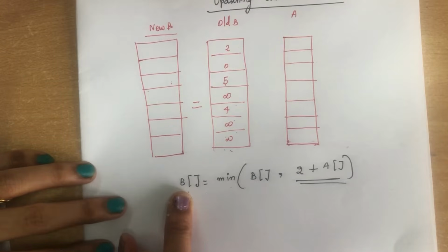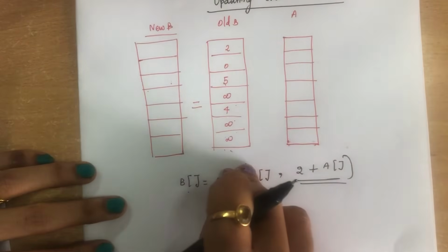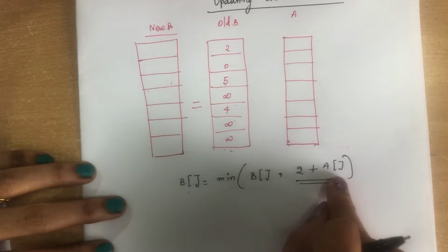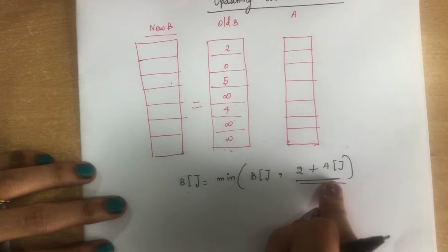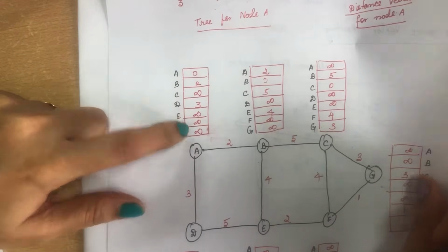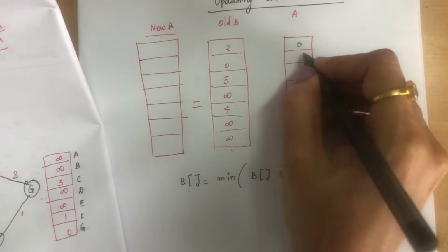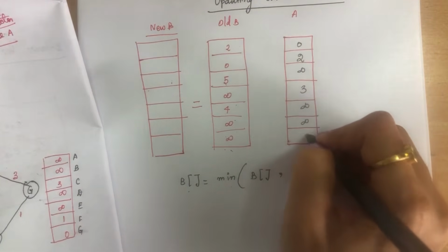The new distance vector will be the minimum of either B, or 2 plus A's distance vector. First we write A's vector, which has 0, 2, infinity, 3, infinity, infinity, infinity.